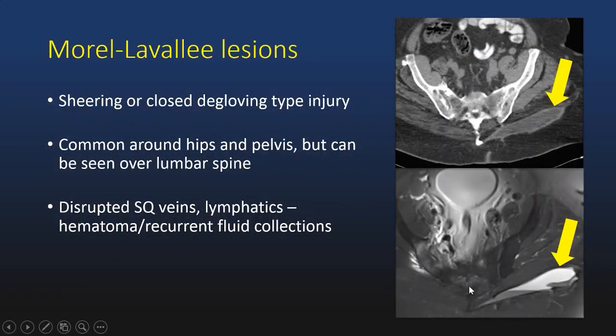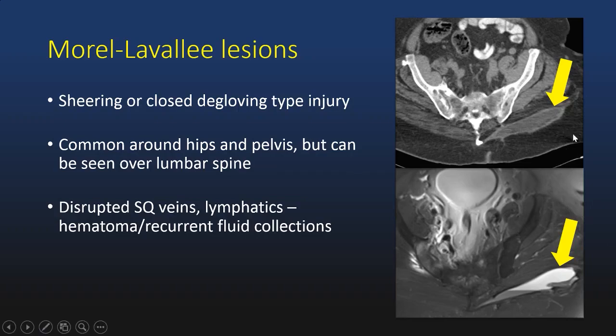These are also known as Morel-Lavallee lesions, and they occur due to a shearing or closed degloving type soft tissue injury. They're commonly seen around the hips and pelvis, but can be seen over the lumbar spine as well. These injuries result in disrupted subcutaneous veins and lymphatics with hematomas and recurrent fluid collections.